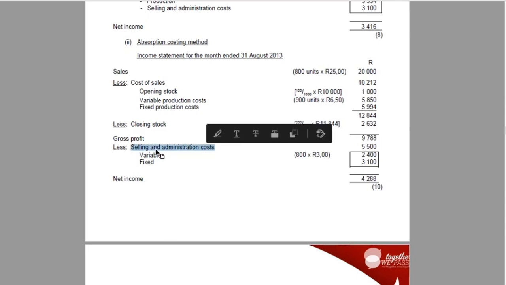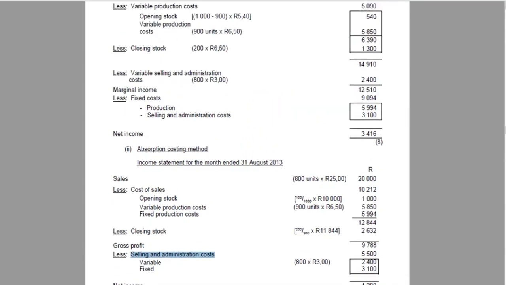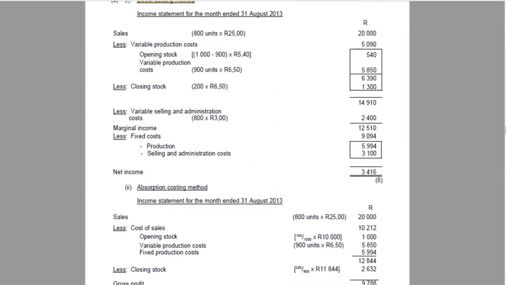Then you less your selling and admin, variable, fixed, then your net income. So always start with the structure of how your income statement will look before you start calculating. Because sometimes in your calculation, that's where you doubt yourself. You don't know how to apportion or what you need to do.